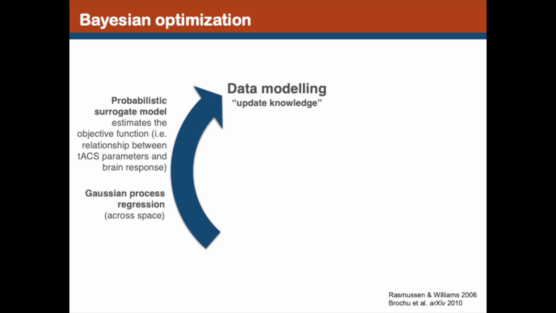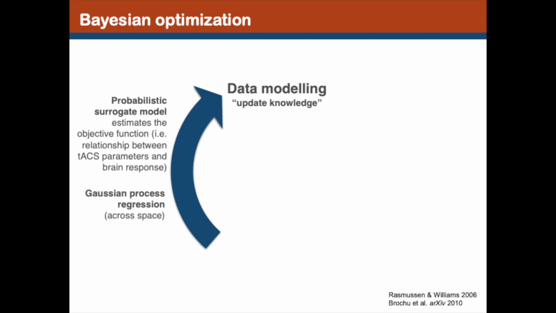The objective function is what you want to know: how a particular parameter of brain stimulation will impact my brain activity. Is this my behavior? Is this the relationship between the two? And typically we use Gaussian processes, because they're quite flexible and versatile.